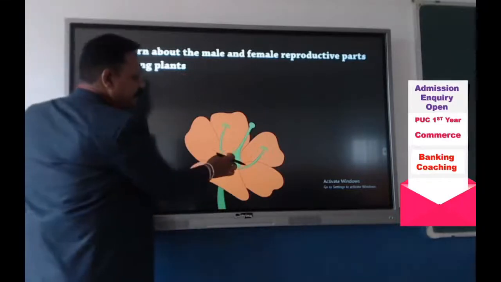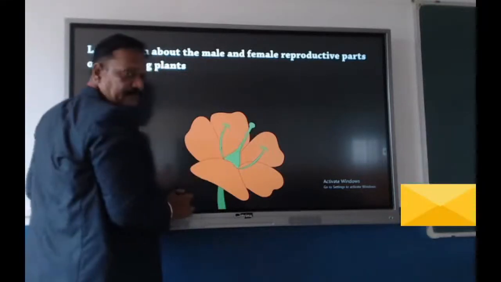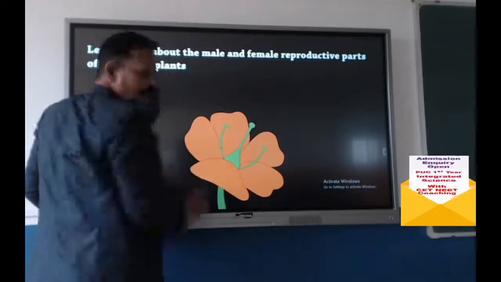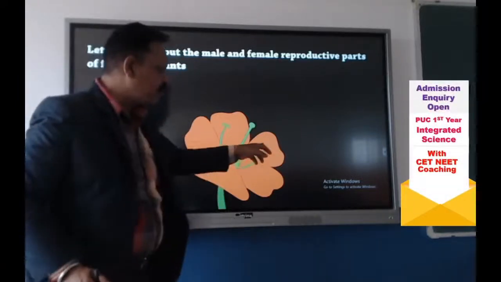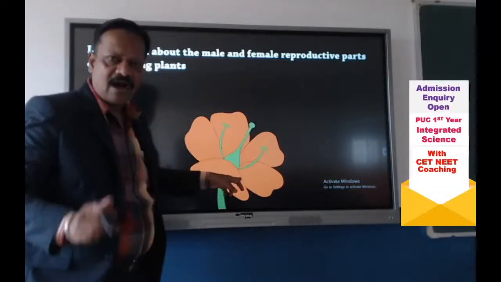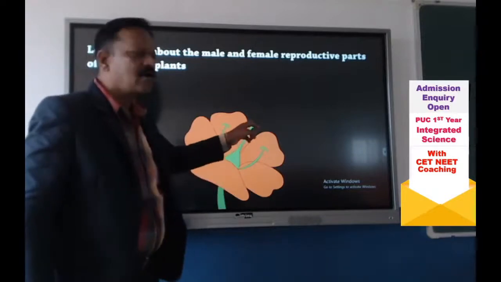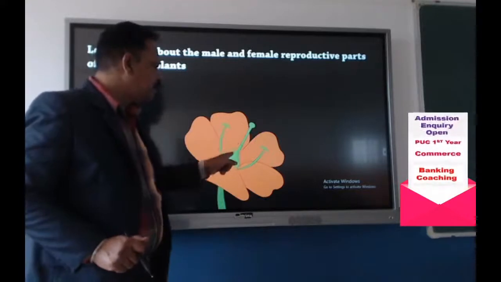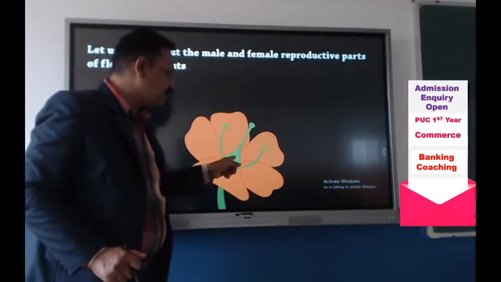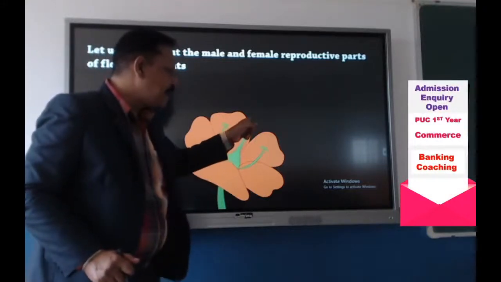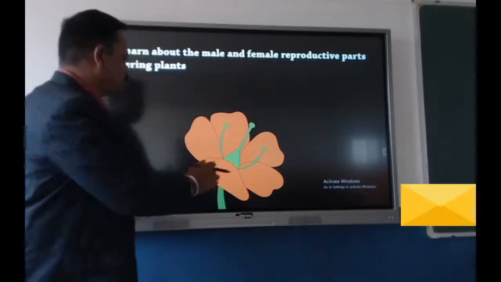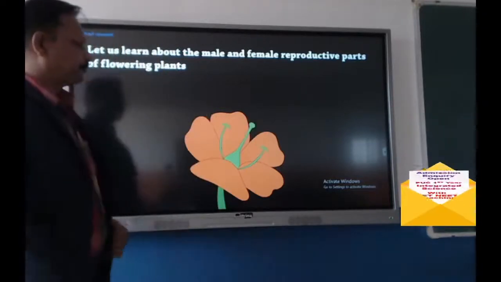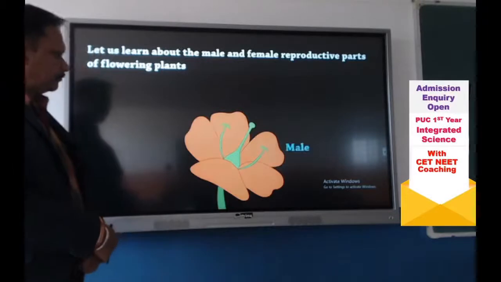This is the female reproductive part and this is the male reproductive part, and this one you are calling it as anther or androecium, and this one you are calling it as the gynoecium. It is having ovary, style and stigma. Just see to it. Female reproductive parts of flowering plants.